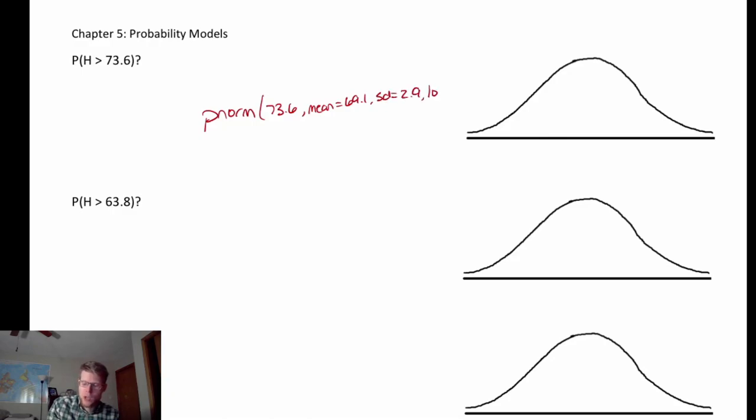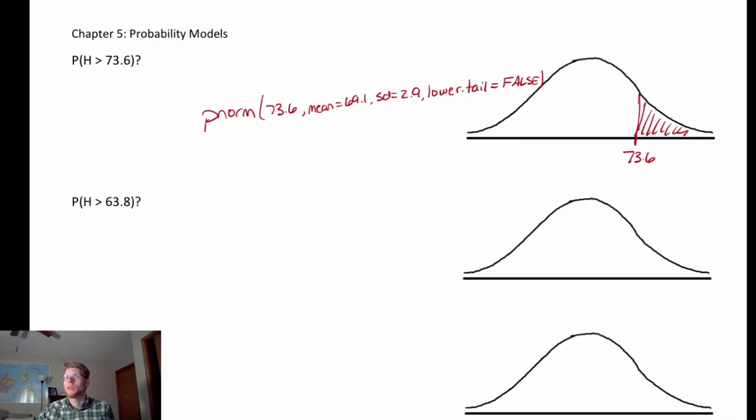But now I'm going to do lower.tail equals FALSE, because I'm looking for the upper tail. If this is 73.6, this would be the area of the curve I'm looking for.